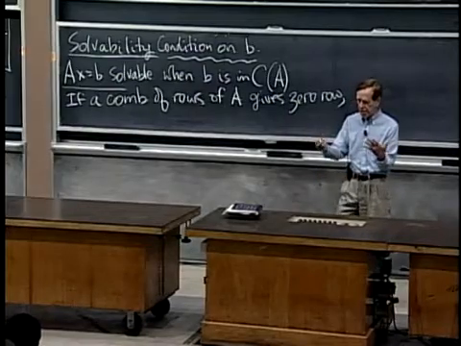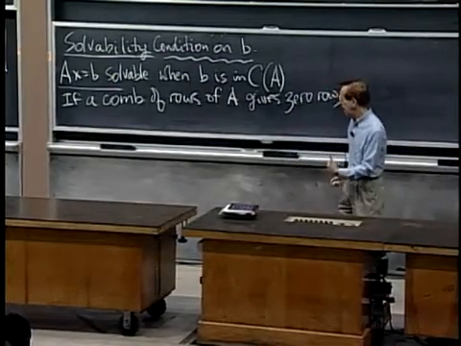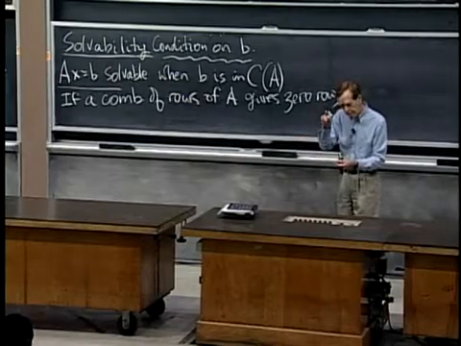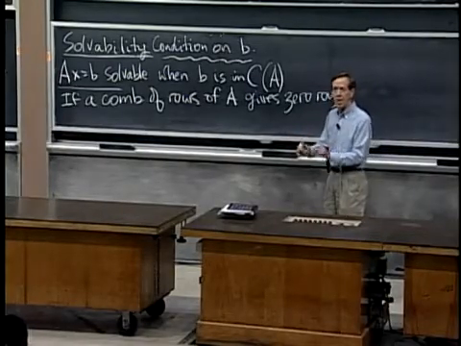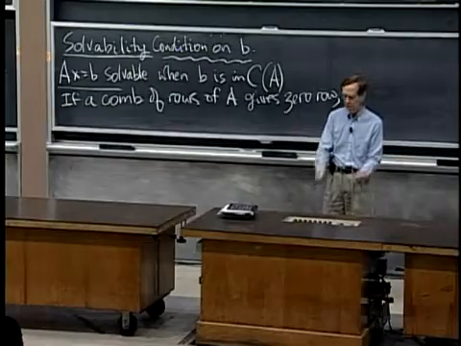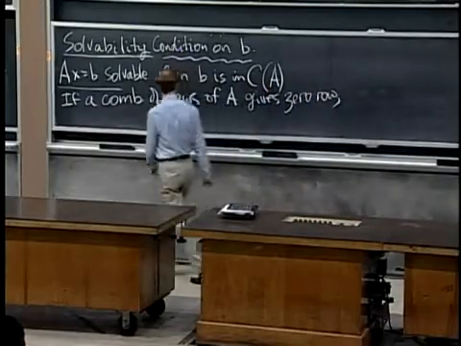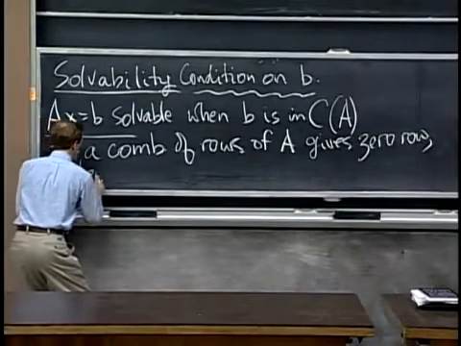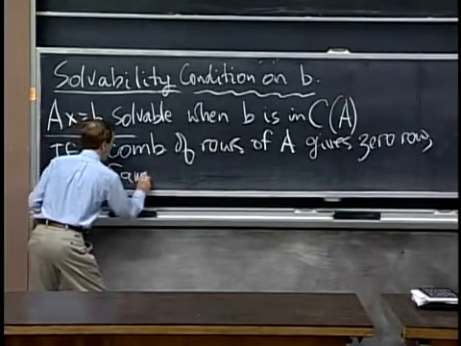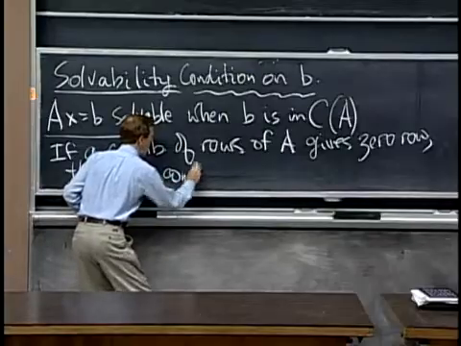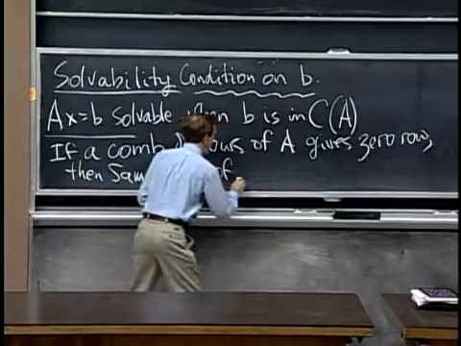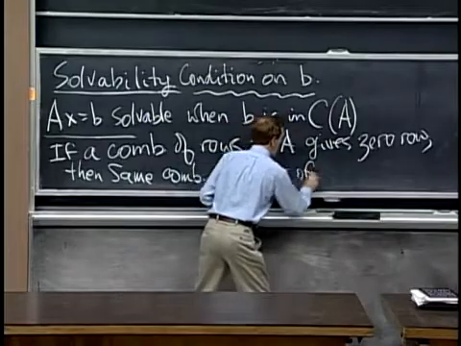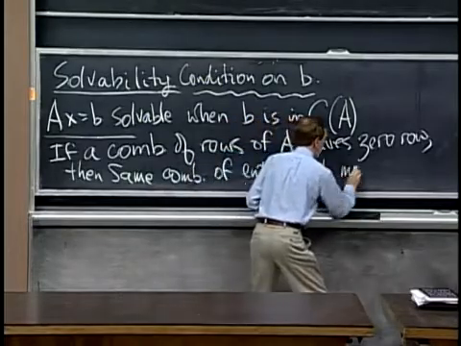Since we're going to do the same thing to both sides of all equations, the same combination of the components of b has to give 0, right? So if there's a combination of the rows that gives the 0 row, then the same combination of the entries of b must give 0.